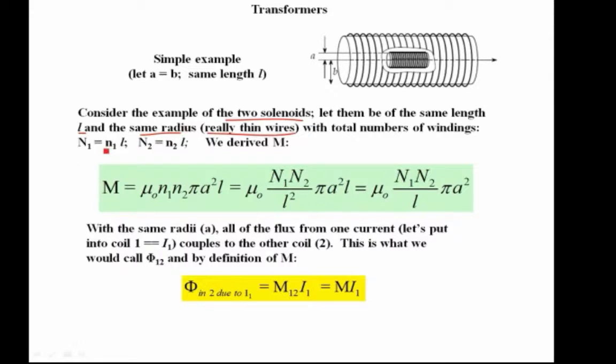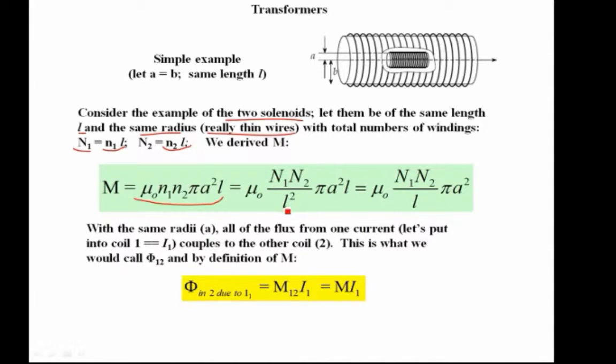And the total number of windings will be N1, which is little n1 times L, and N2, which is little n2 times L. While we derived M before, if we look at M in terms of the parameters that we have here, we have mu0, n1, n2, here's the area, and that's the same for both of these coils, times L. So you can rewrite that in terms of the capital N's.